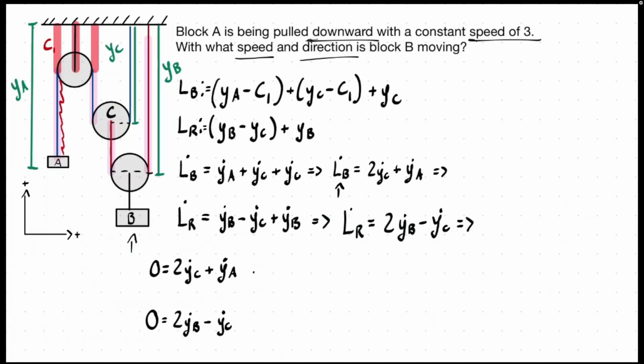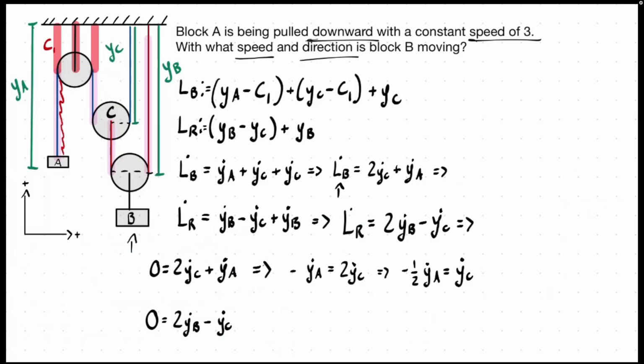If you notice, we can just move the YA dot to the other side, right? So this becomes negative YA dot equals 2 YC dot. And then we can just divide by 2 to get this YC dot on its own. So this will become negative 1/2 YA dot, sorry, I'm forgetting these dots, equals YC dot.